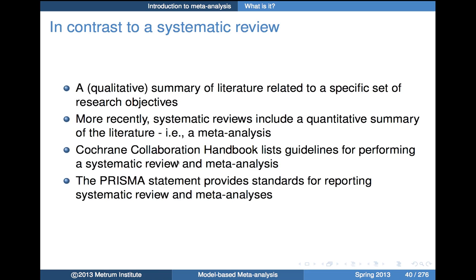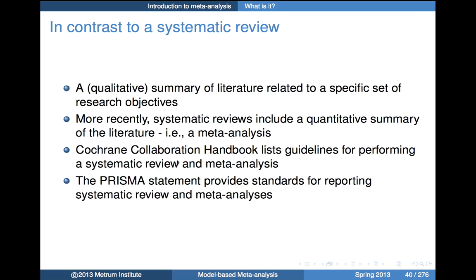However, in the recent literature, I think the use of the term systematic review is kind of getting conflated with a meta-analysis. And so sometimes you'll see the term systematic review being applied to a literature search and an evaluation of that literature, and then a meta-analysis at the end. Historically, a systematic review is a more qualitative approach, but more recently they often include this quantitative meta-analysis.